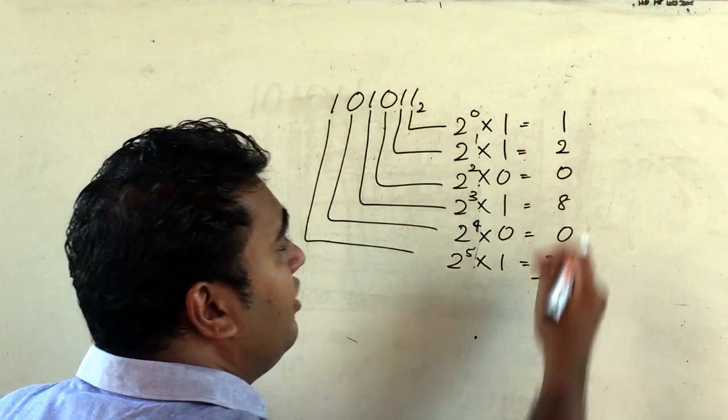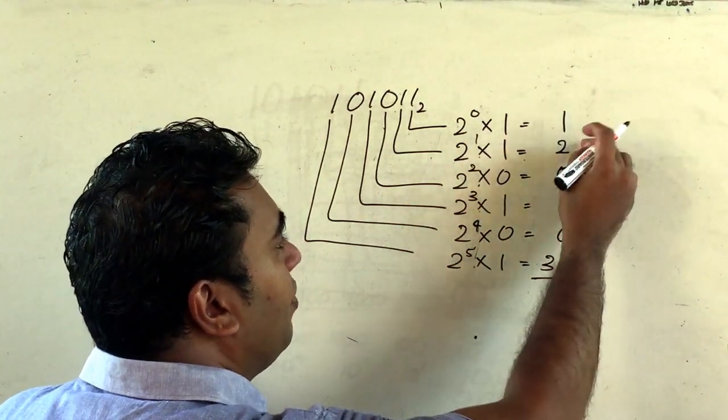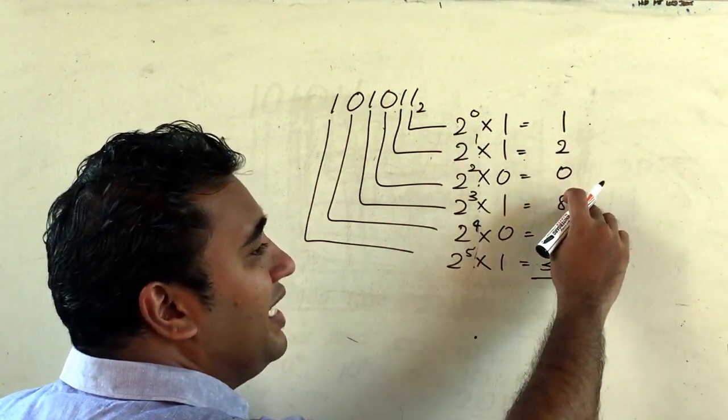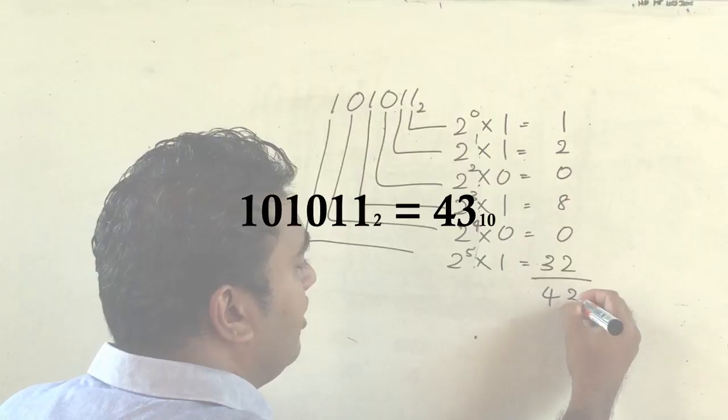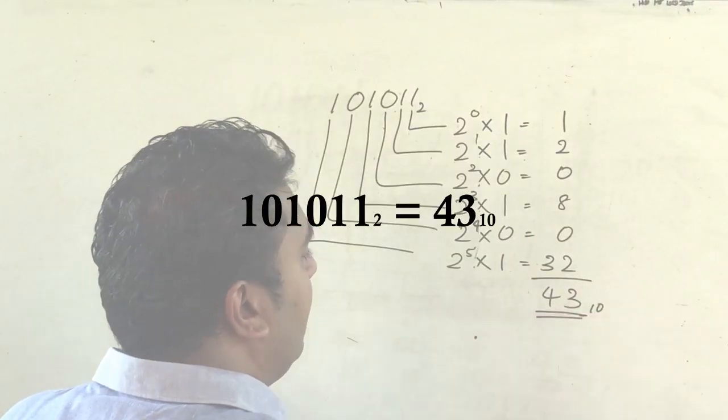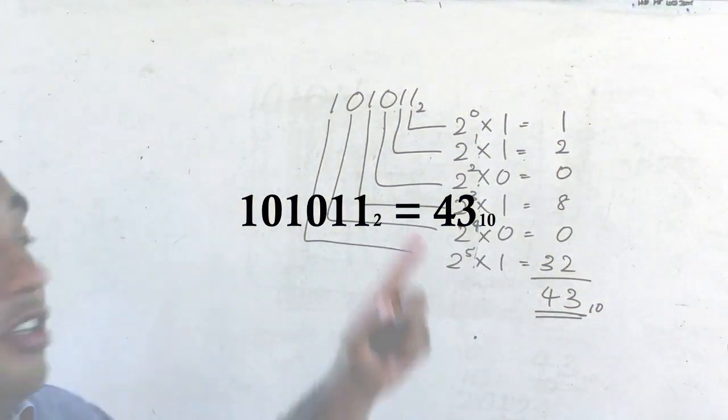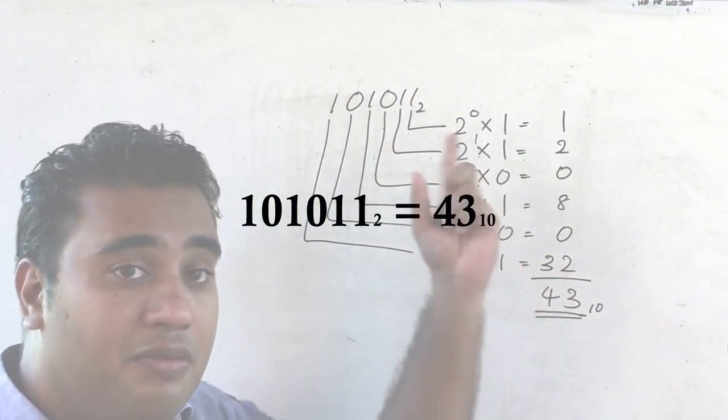So when we add those together, we get 1 plus 2 is 3. 3 plus 8 is 11. 11 plus 32, 43. That is the decimal equivalent of the given binary number.